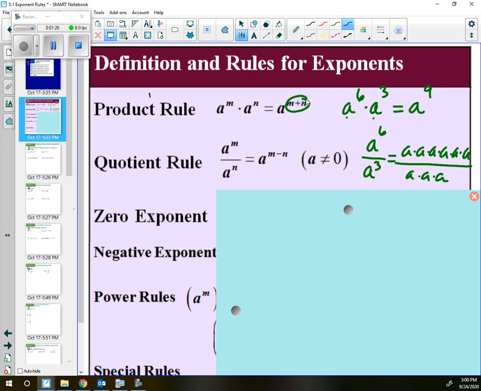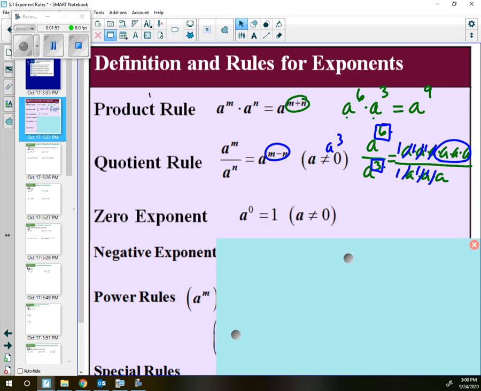I can divide out 3 common factors, and what I'm left with is 3 a's, so a to the 3rd. The shortcut, the rule, is to subtract the exponents. So 6 minus 3 gives us a to the 3rd. And remember, this only works if we have the same base. We can only put together like terms.